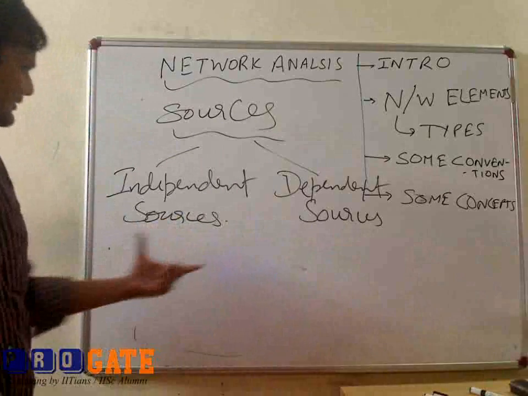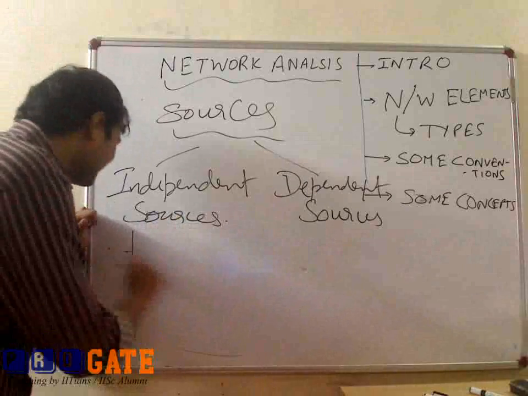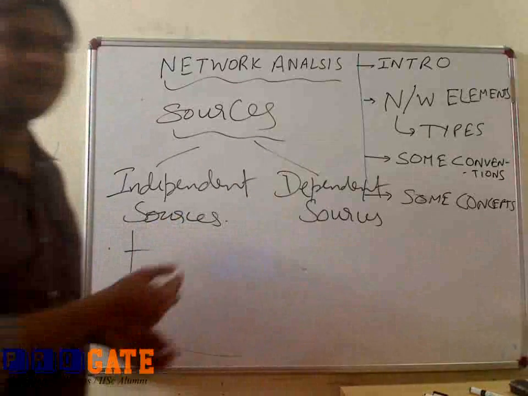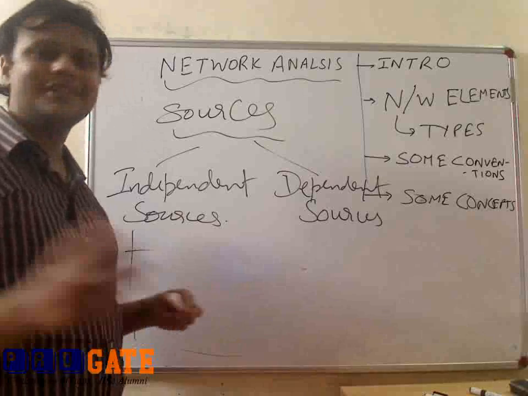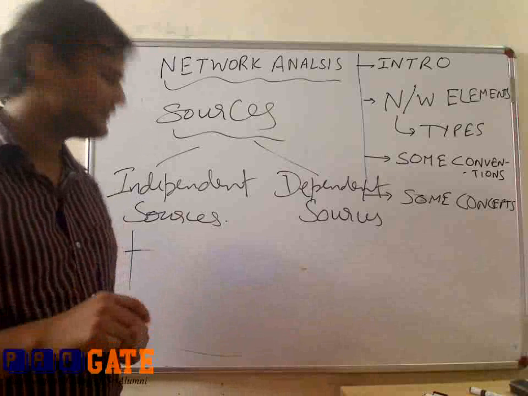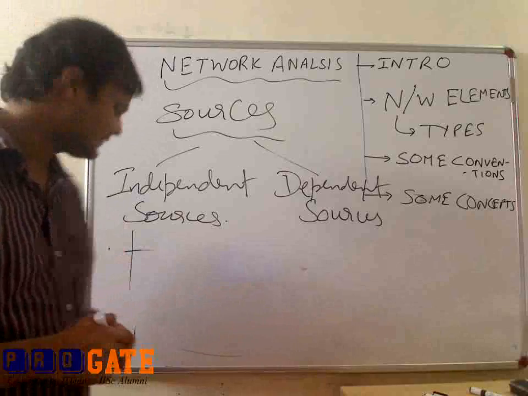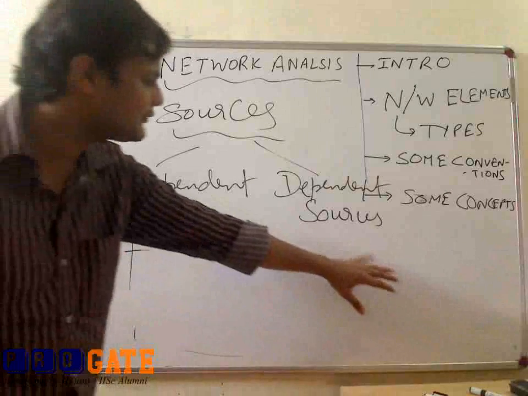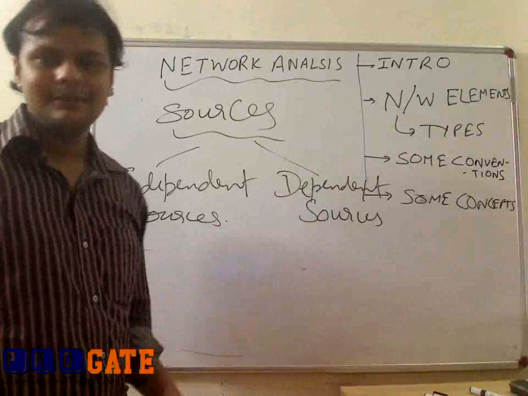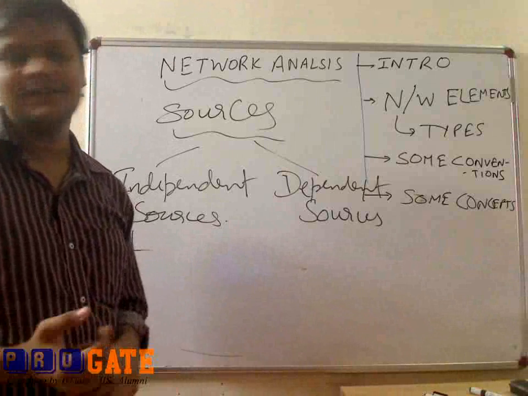As the name tells, what we mean by independent sources is very obvious. It is simply a battery. A battery is an independent source. Its voltage does not depend on any other voltage in a network if it is connected in a network. And dependent sources are the sources which depend on some other parameter, other current or voltage.